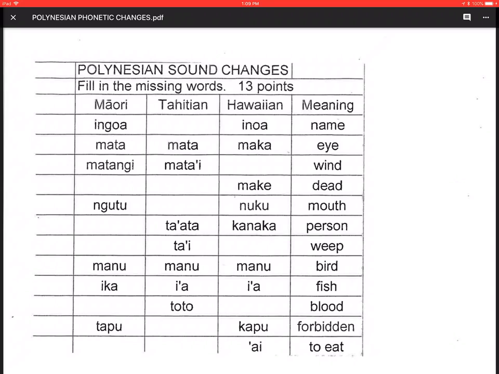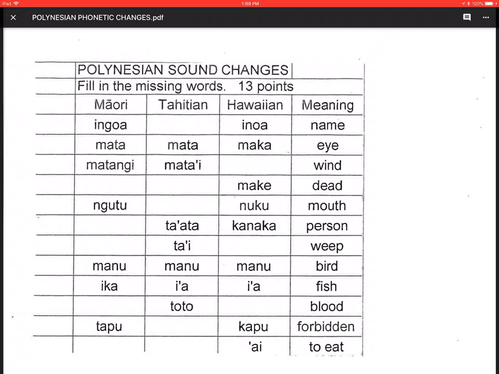But one thing that we find in historical linguistics is that often the sound changes as you go from one language in a family to another language in the family follow very clear patterns. So, for example, where you might have a G in one language, when you get to the next language, all of the words that would have the G in that particular place in the word, whether at the beginning, middle, end, or maybe all three, that G might become a K sound in another related language.